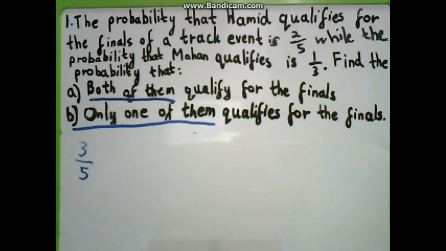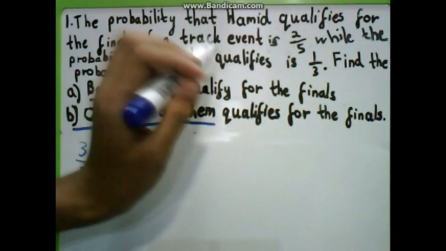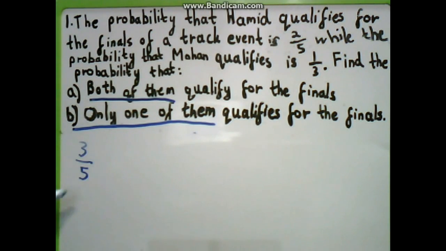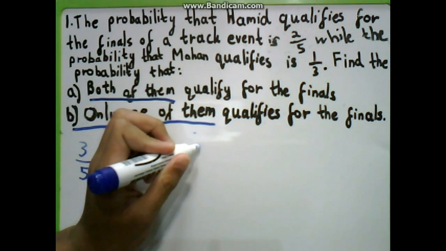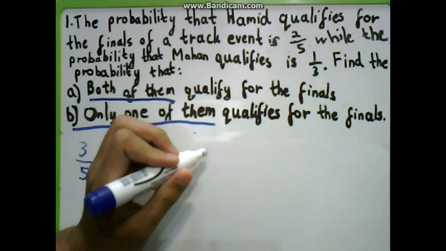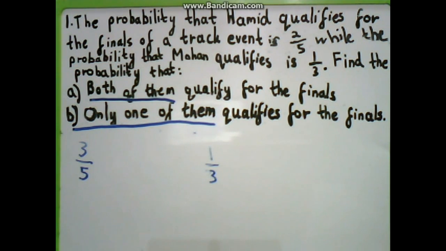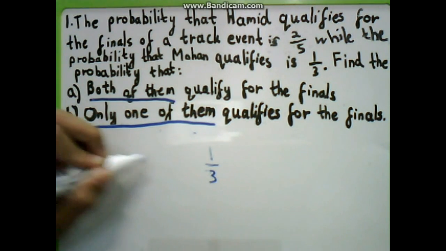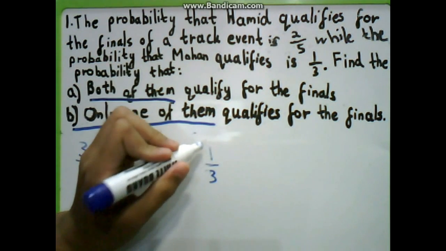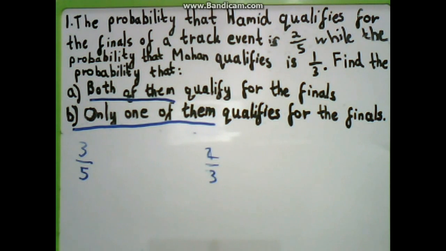So it's basically just 5 minus 2. You will get 3, but don't forget to put the denominator as well. For Mohan it is also the same. 1/3 is the probability he will qualify. The probability he will not qualify is 2/3. Hold on, put that there first.